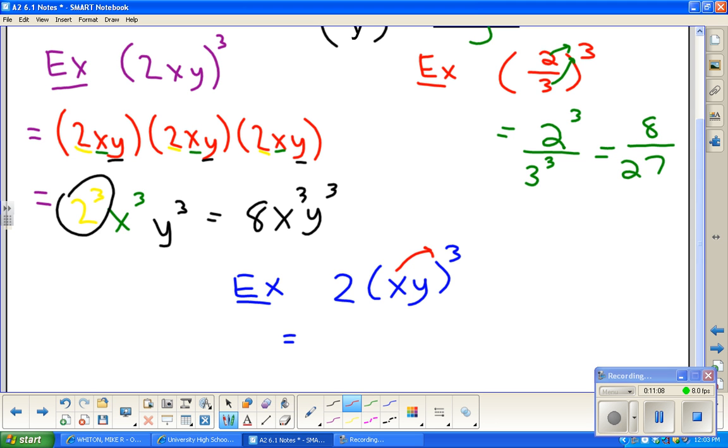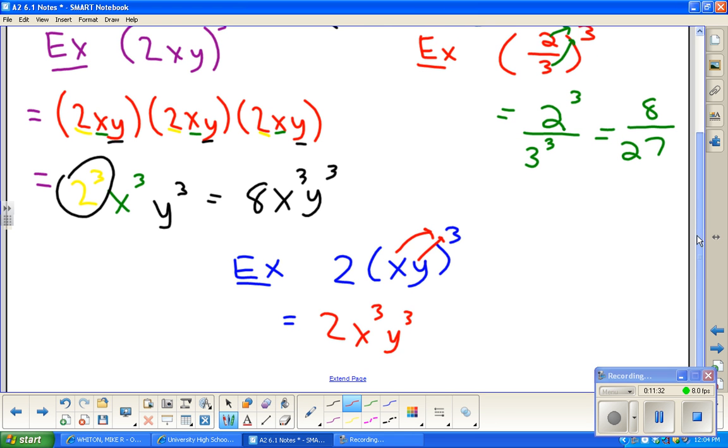Just the x and y are. So the 2 can just be brought along, and then the x goes to the third, and the y goes to the third. So the parentheses tell you what the exponent is applying to. But the 2 is just on its own, so you could just leave it like that. That'd be it. Nope, there's nothing else we can do on that one. 2x cubed, y cubed.